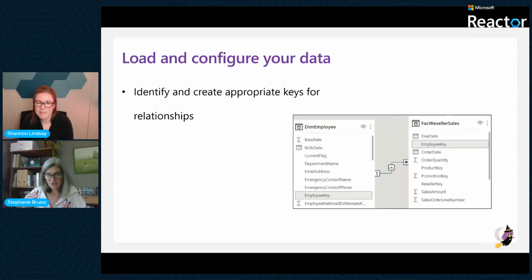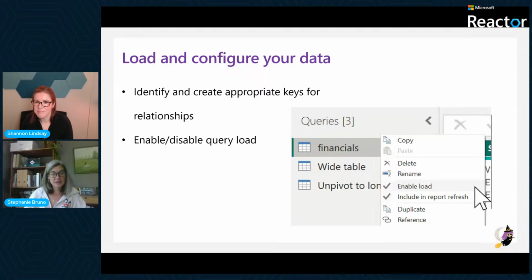We also will want to enable or disable a query load, because sometimes, for example, if we're doing one of those merges, maybe we don't need the original table to show up in the front end of the model. We were just using it as an intermediate step. So we need it, but we don't want it to show in the model. All we do there is disable the query load for that one. Again, this helps us simplify what's coming in.